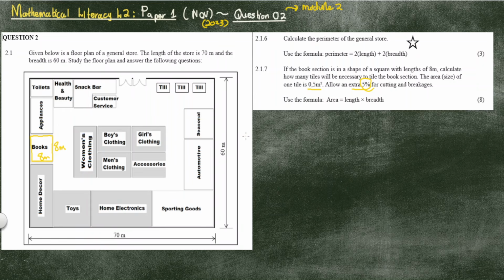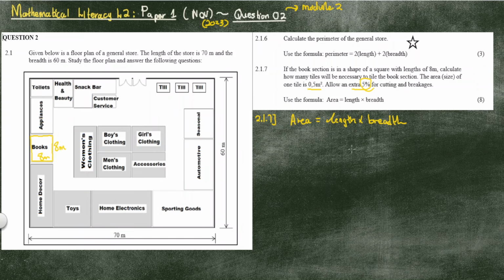Alright. The first thing we'll have to calculate is the area for the bookshop. So 2.1.7, area is equal to length multiplied by breadth, right?